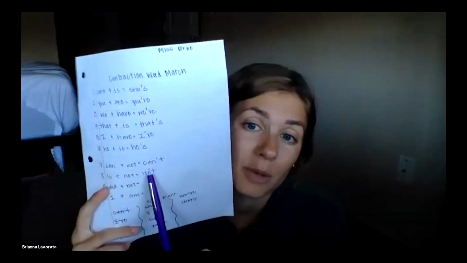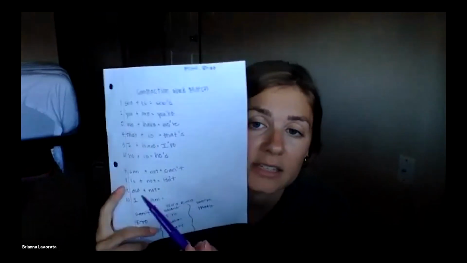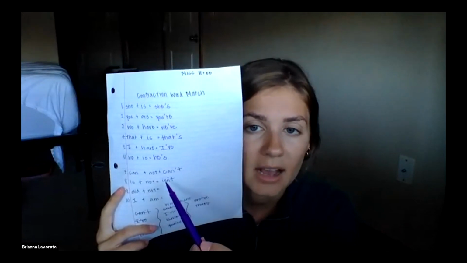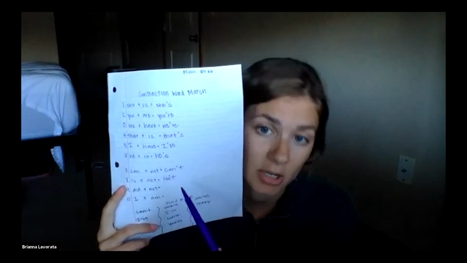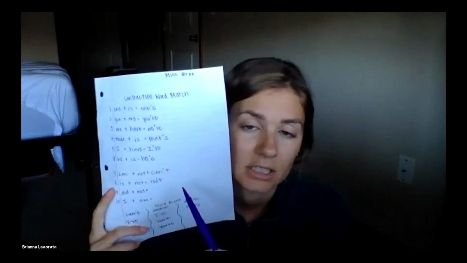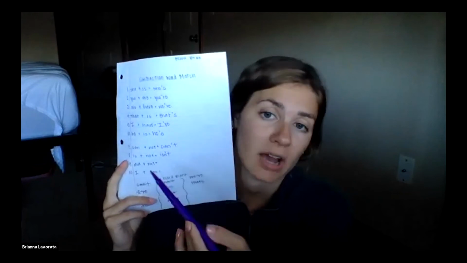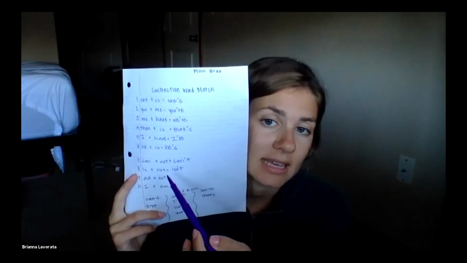This one actually is a little bit tricky. I'm going to show you. So instead of writing the apostrophe here, it actually goes after the N. This is kind of a funny one, the way we spell it. So is plus not means isn't. I-S-N apostrophe T, isn't. She isn't going to make it home in time because there is too much traffic. Isn't.